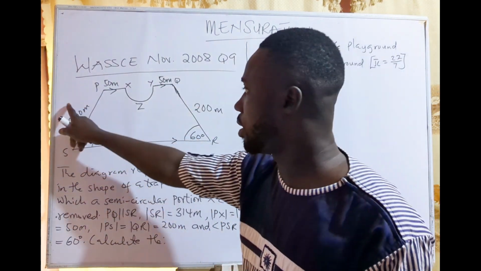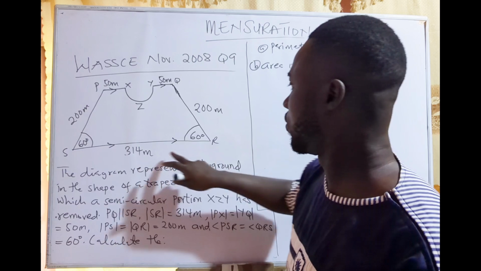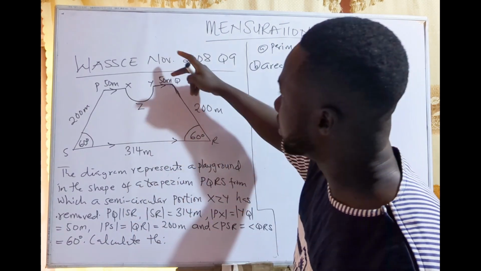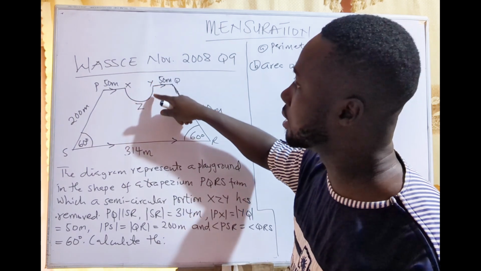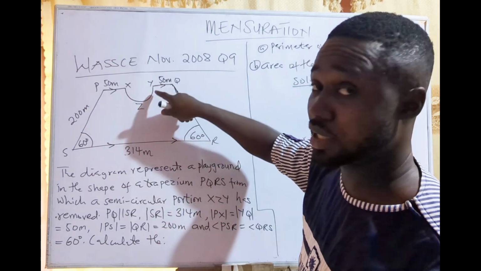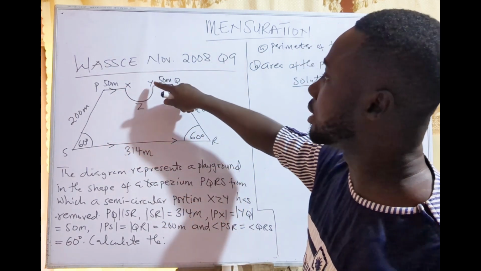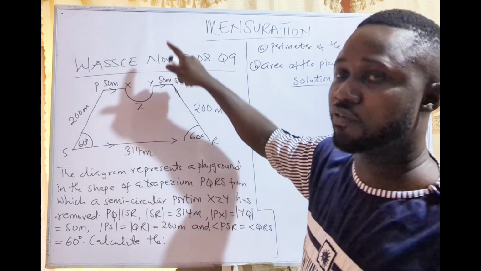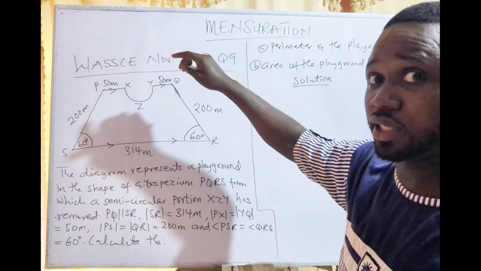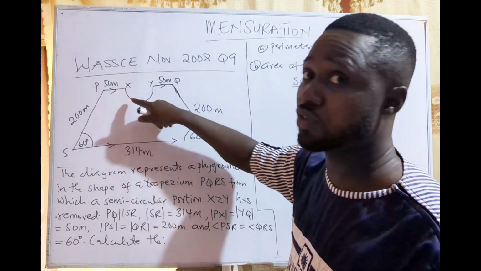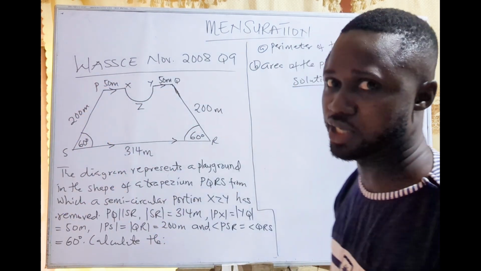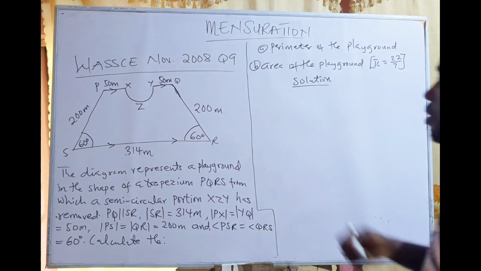So that would be 200 here, plus 314 here, plus 200 here, plus this 50, plus the length of the arc, which is a semicircular arc, half of the circumference of a circle, plus the 50 here. I believe that is simple to calculate.